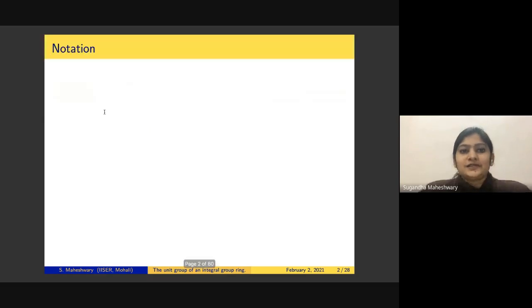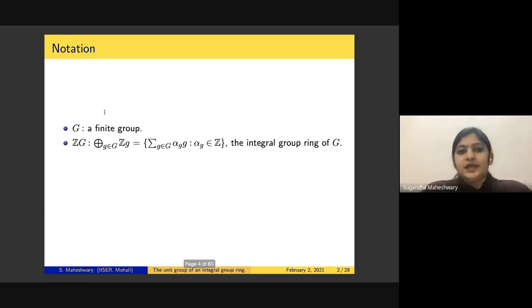All right, so let's begin with the notation. G, I'll always be assuming a finite group by default. In case it is not, then I'll mention it specifically. So ZG is the integral group ring, where you have elements which are linear combinations of elements of the group, and the coefficients come from the ring of integers. This is a Z-module. In fact, it's a Z-algebra with G as basis.